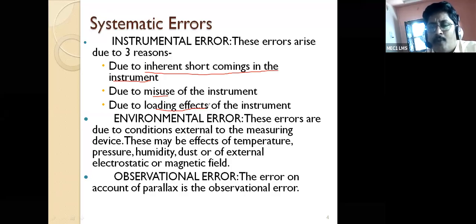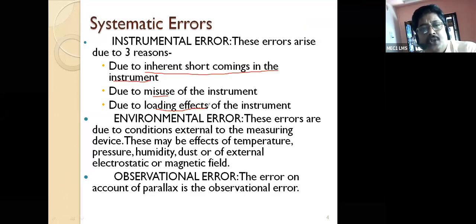Whereas in gross error, the instrument is working correctly and the human makes mistakes in taking or recording the reading. In systematic errors, due to inherent shortcomings, the problem occurs in the instrument only, due to friction, vibration, and voltage fluctuations. Maybe the pointer will not give the correct reading.